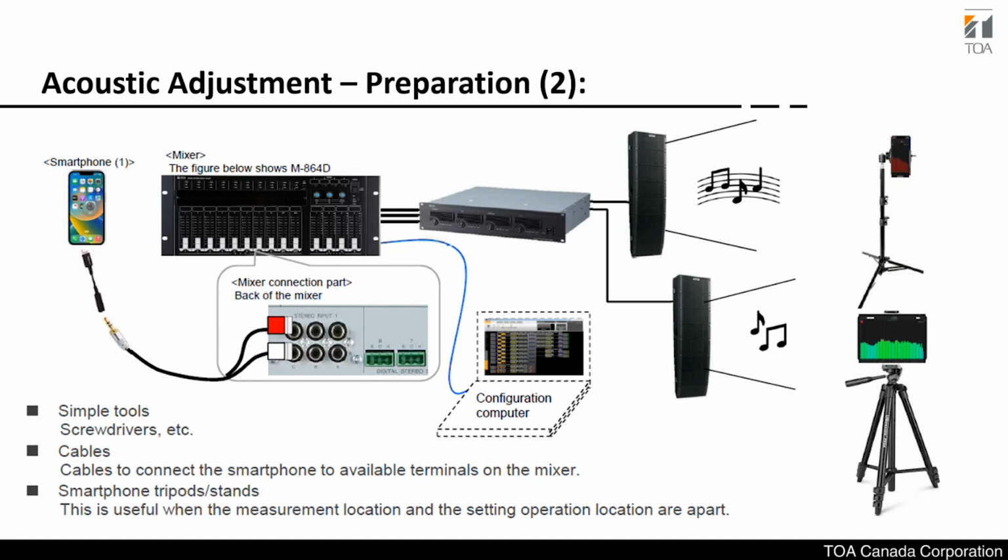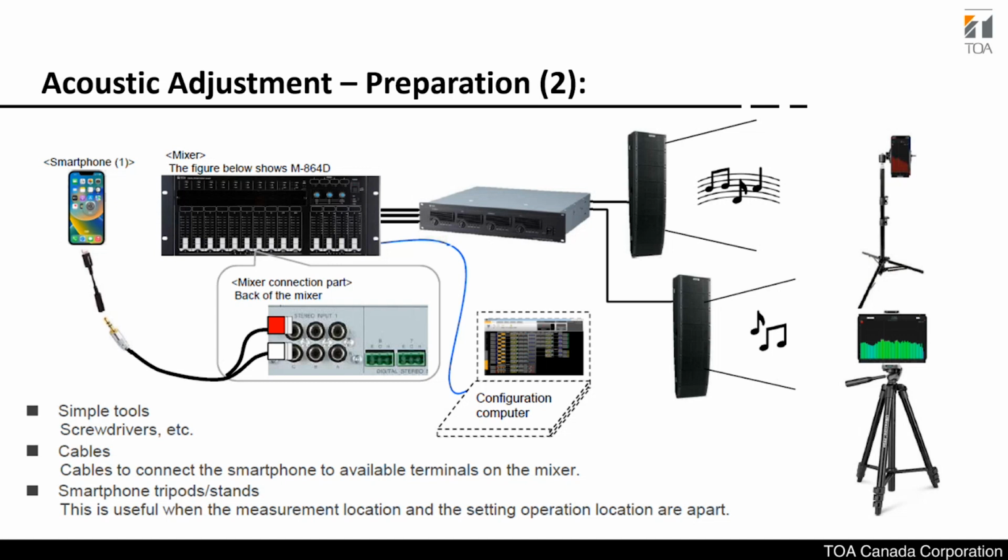One device is called smartphone 1, which is sending the signal to the system. The other, here we use the iPad as an example, is the reception. There's also another smartphone on top of that iPad. So we can use the smartphone or the iPad as a receiving device of the signal sent from smartphone number 1.